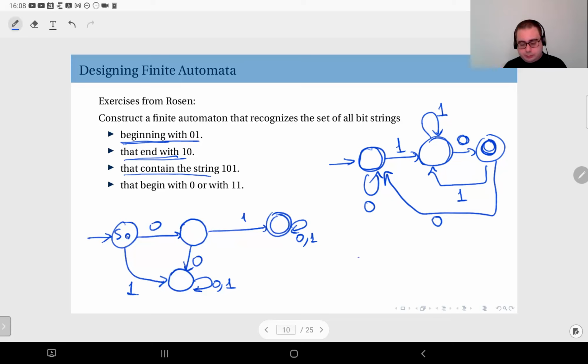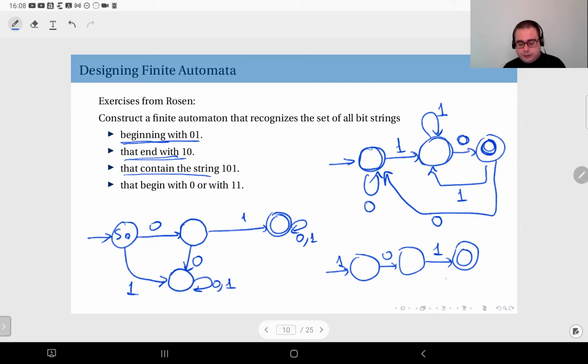So now here, I'll come to this state with a 1, and then with a 0 to this one, and to the accepting state with another 1. And of course, in between, if something unexpected comes, I'm going to reset the procedure.